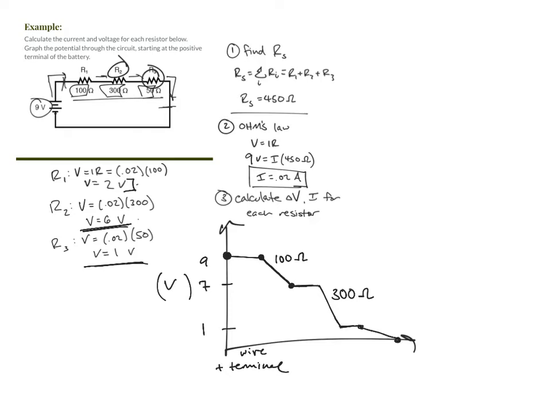So I'm going to make that one shallower. It's the 50 ohm. And we're at 0 for the rest of the circuit till you get to the battery again, and it cycles back through to here. So it's like a roller coaster, starting at the top, falling its way to the bottom, and then being lifted up again by the battery.